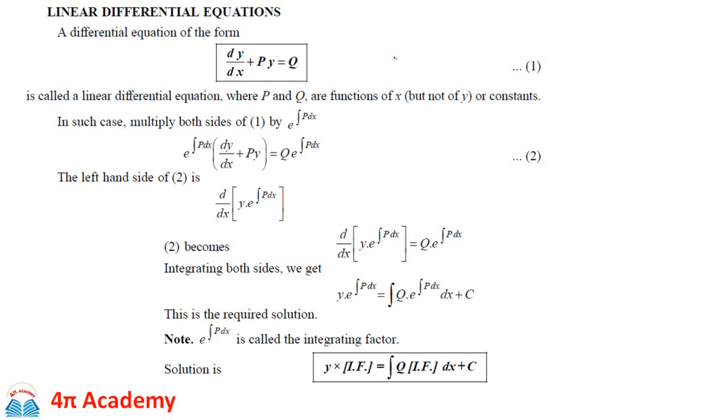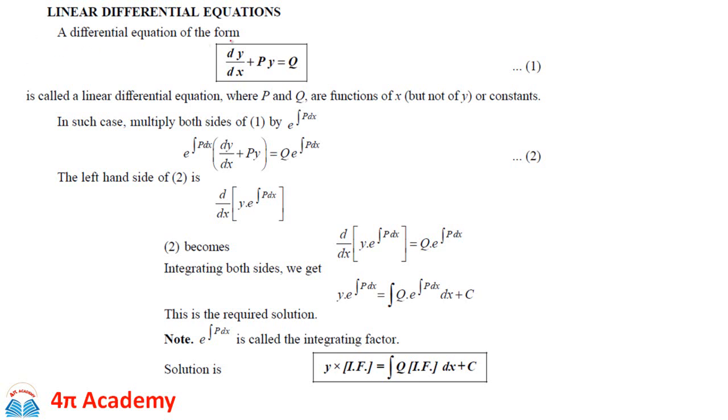That is, if I have a differential equation such as dy by dx plus py is equal to q, then such a differential equation is called a linear differential equation. Or you simply remember that if it is of any order, but degree 1, then it is called a linear differential equation. If it is of higher degree, then it is called a non-linear differential equation.